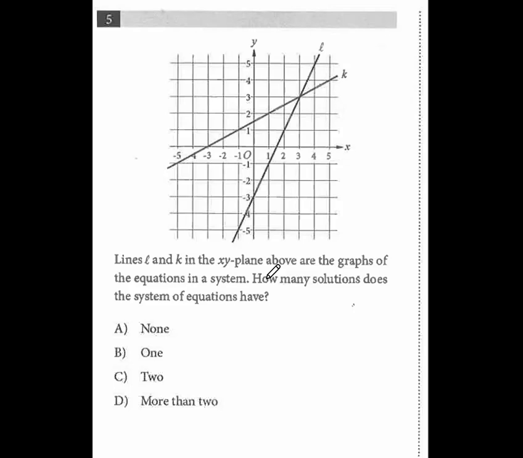How many solutions do they have? Well, you see they intersect once here. So the correct answer is B, 1. All right, question 6.